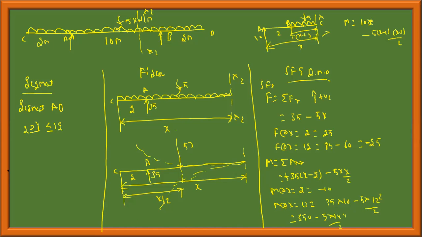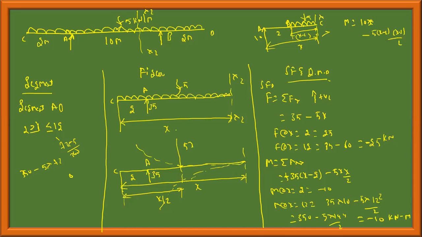What would be this value? 350 minus 5 into 72. 72 into 5, 360. 350 minus 360, which is equal to minus 10. Okay, minus 10, this is in kilonewton meter, force into distance is kilonewton meter.